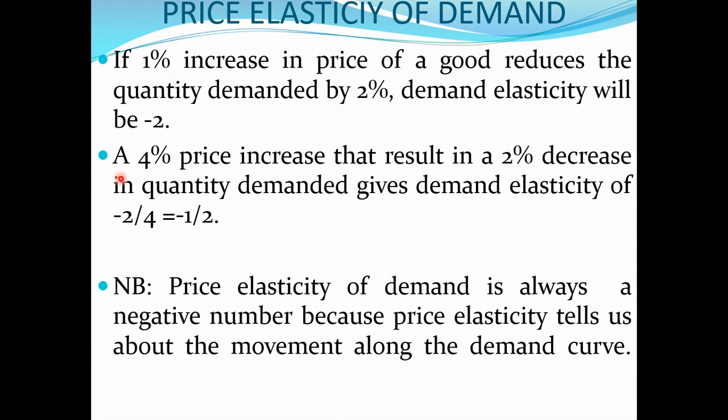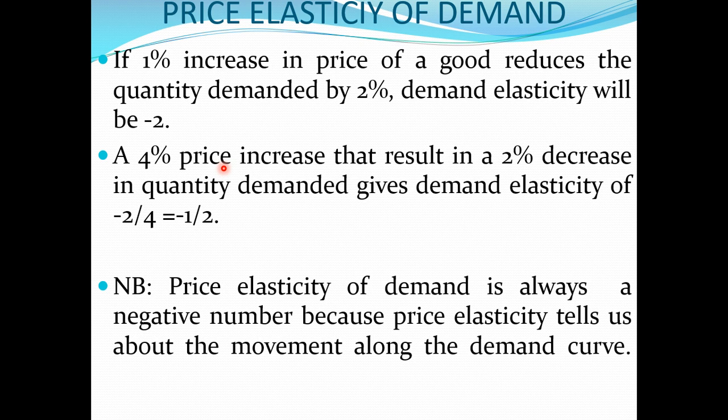Another example: a 4% price increase that results in, so already we know that there is a 4% price increase. So we know from demand that an increase in the price is going to reduce quantity.